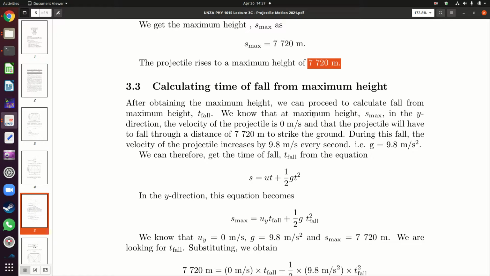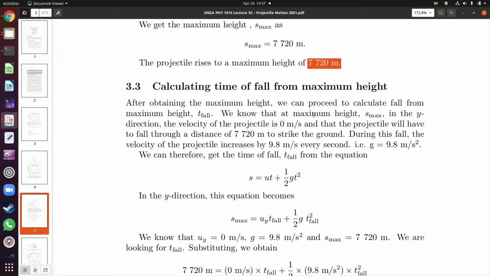Vertically, the velocity has to be 0. That's when we conclude that you have reached maximum height. So since this projectile reached maximum height in 39.7 seconds, and the maximum height reached was 7,720 meters, then it starts to come down.